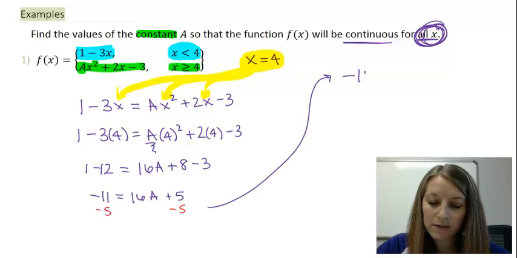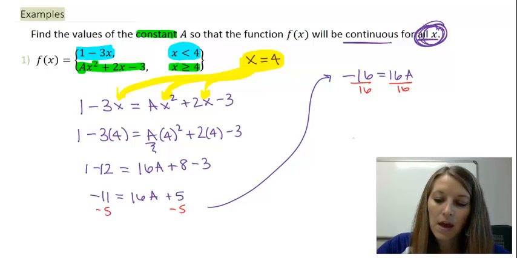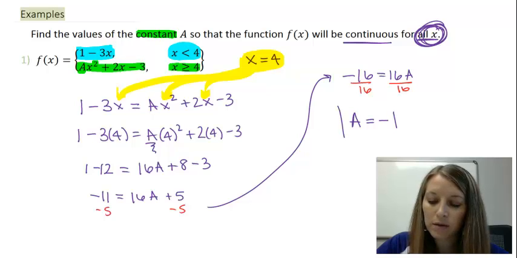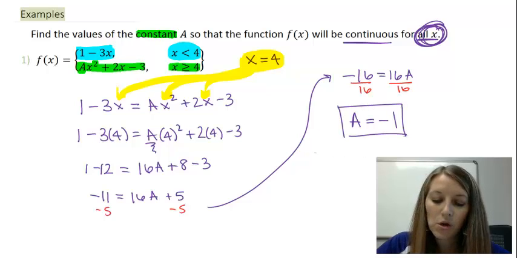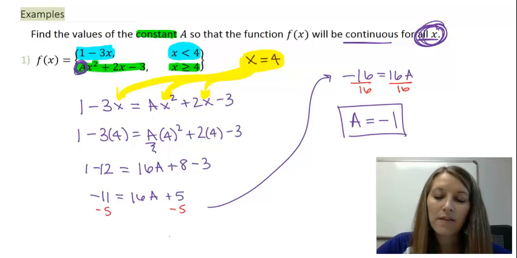That gives me negative 16 is equal to 16a. To isolate a, I just divide by 16, and that tells me that a is equal to negative 1. So if I substitute that back in for this a value here, that means my two pieces are going to match up when x is equal to 4.